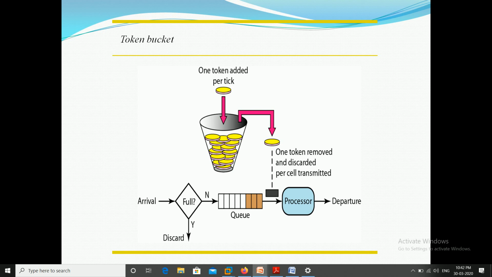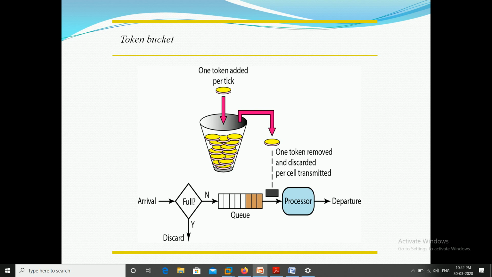In that case, we have the queue, the bucket is there, we have the packets, the water is there. Now the processor is going to depart them. One token is removed and discarded per cell transmission.